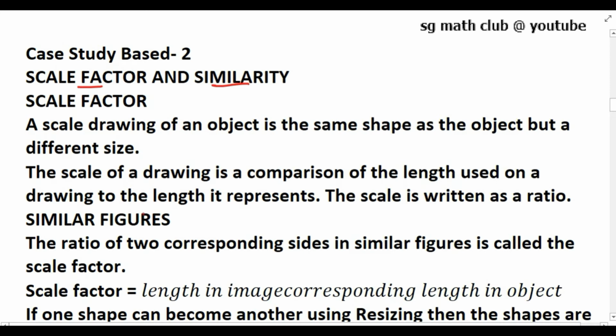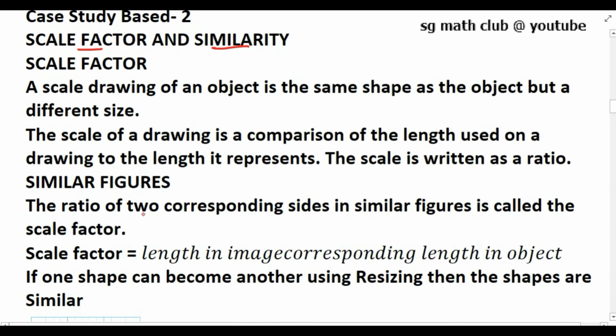The scale is written as a ratio. Then in similar figures, the ratio of two corresponding sides is called a scale factor, which is equal to the length in the image to the corresponding length in the object. And if one shape can become another using resizing, then the shapes are similar.